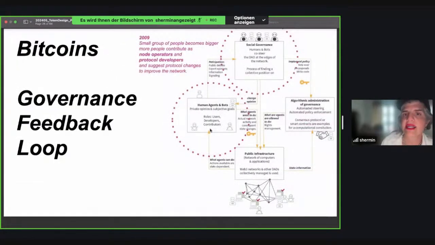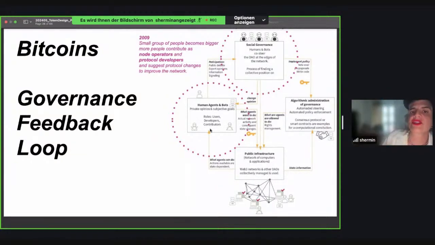Eventually, there were obviously ideas how to improve aspects of the protocol, and the small group of people started to become bigger. Node operators and protocol developers. In the beginning, the protocol developers were also node operators, and these nodes performed all functions in the system, including mining.